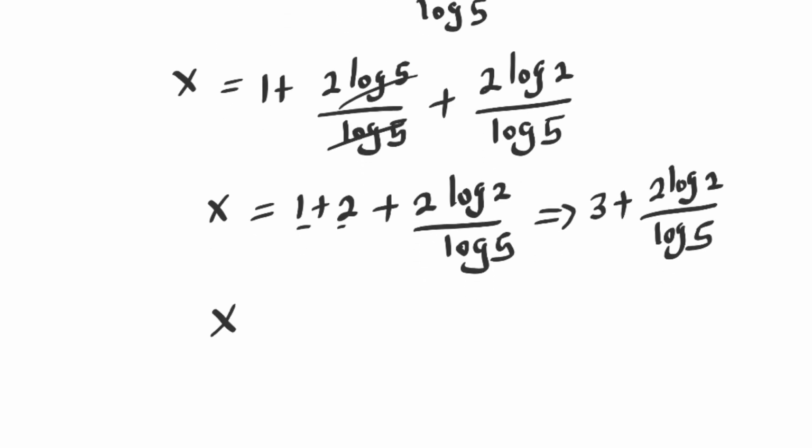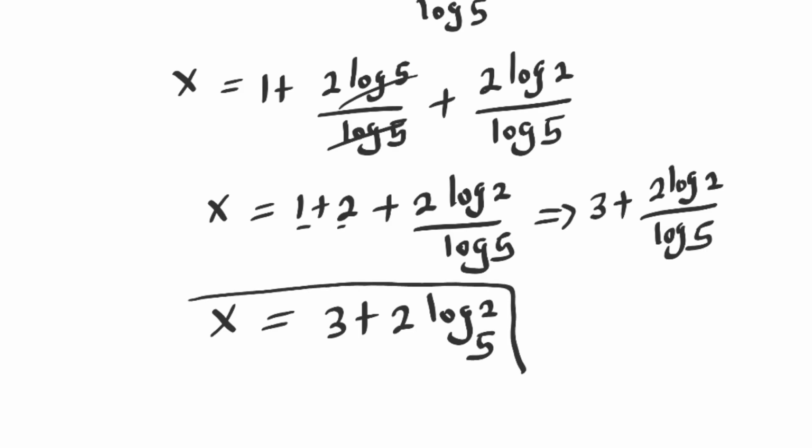Then x is equal to 3 plus 2 times log 2 over log 5, which can be written as log 2 base 5. This is the value of x.